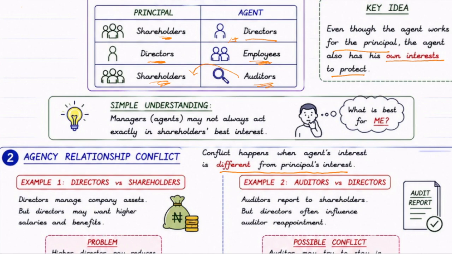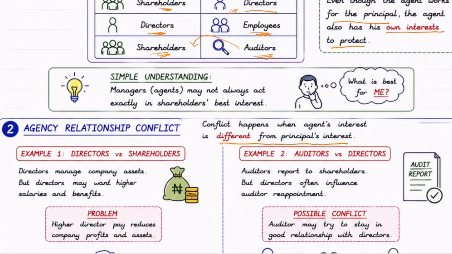Now let's look at example 1: directors and shareholders. Remember, the shareholders are the what, the principals, while the directors are the what, agents. So now, take a look at this example. Directors manage company's assets, but directors may want higher salaries and benefits.